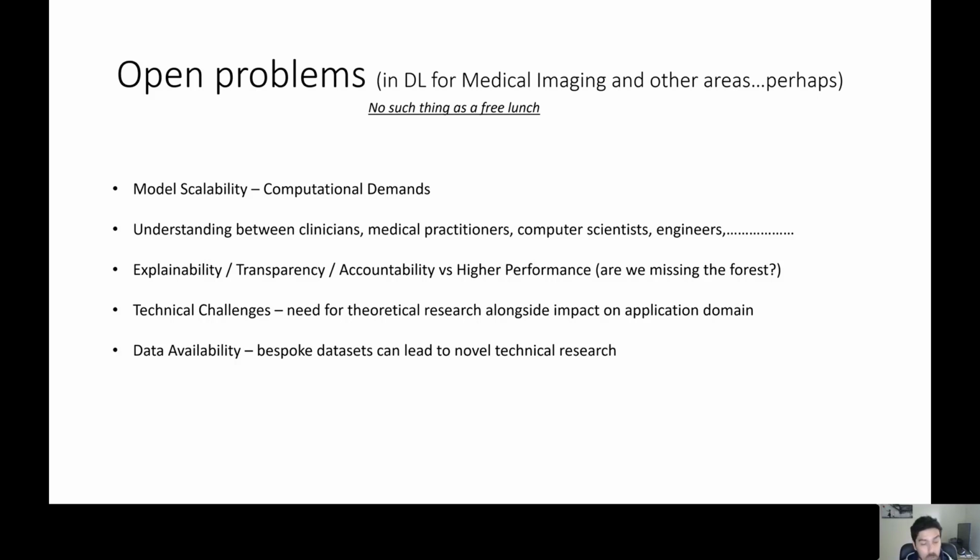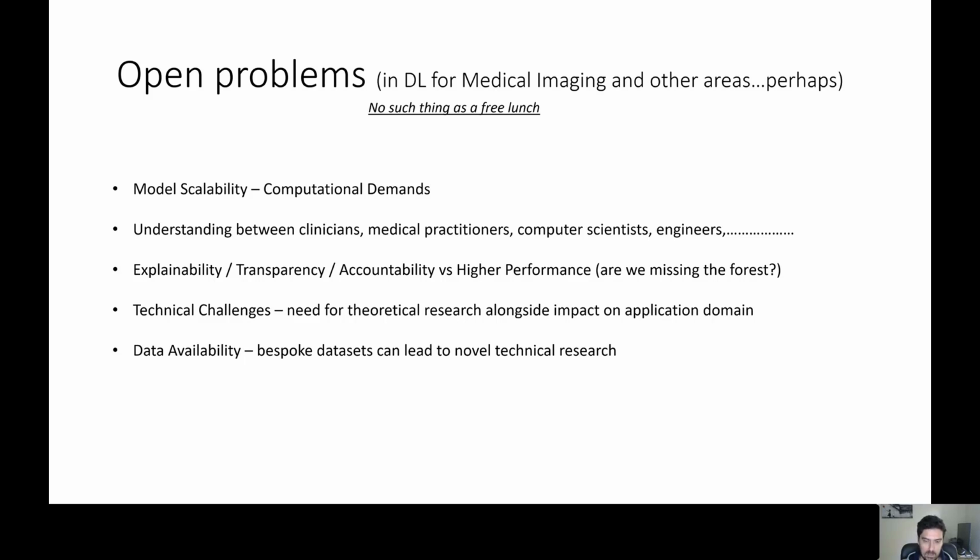Of course, a very popular one, even more popular recently, is how transparent these approaches are. I mean, can you explain why your decision was X and not Y? Can you provide robust explanations that the clinicians can use as part of their decision-making process? But of course, that sometimes comes at a trade-off. We have to think that there is no such thing as a free lunch.